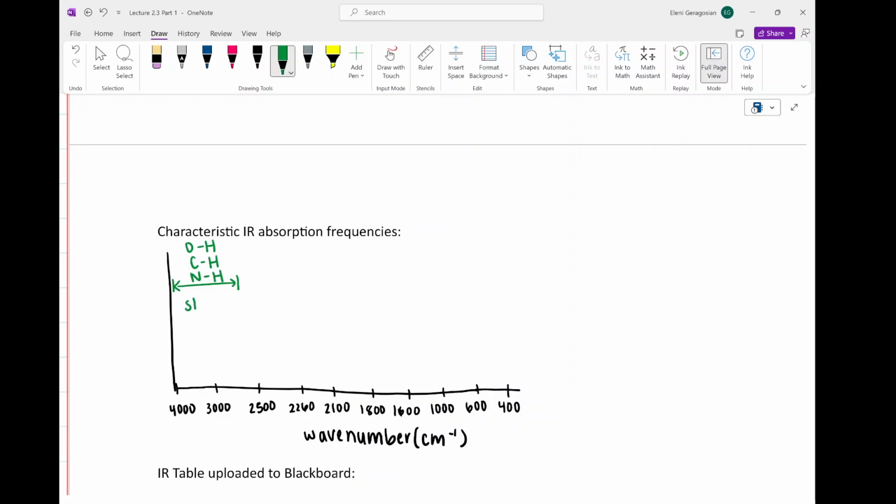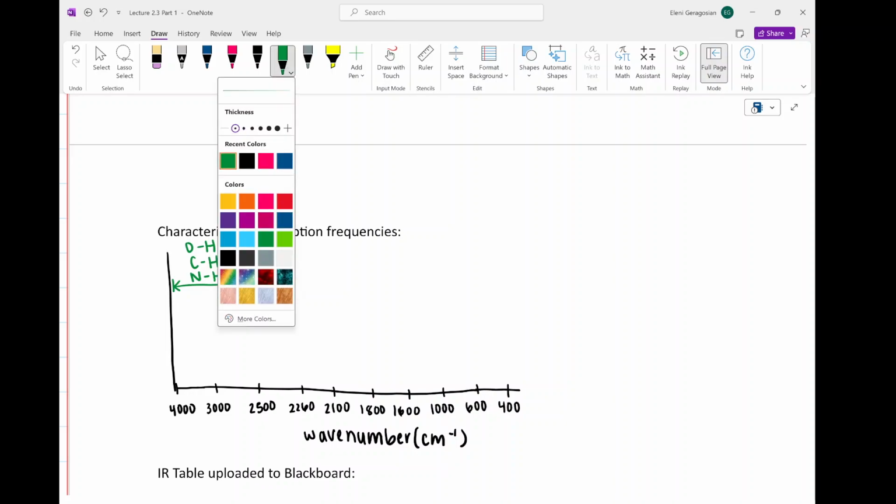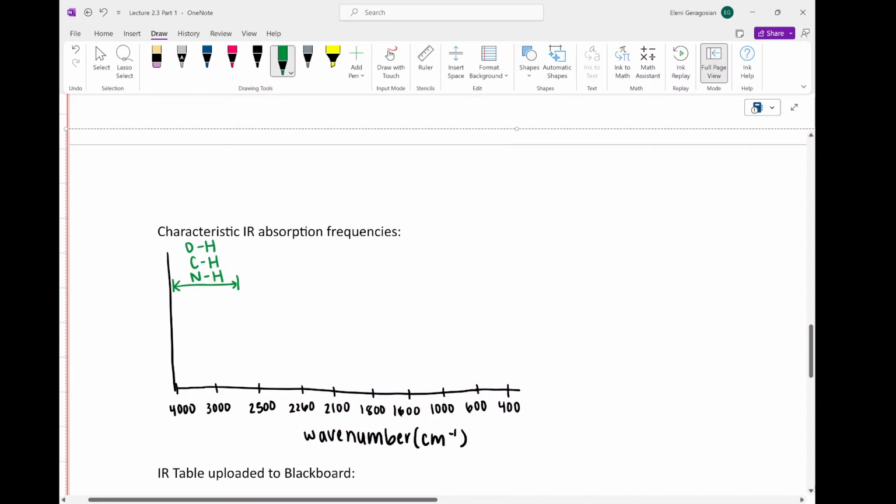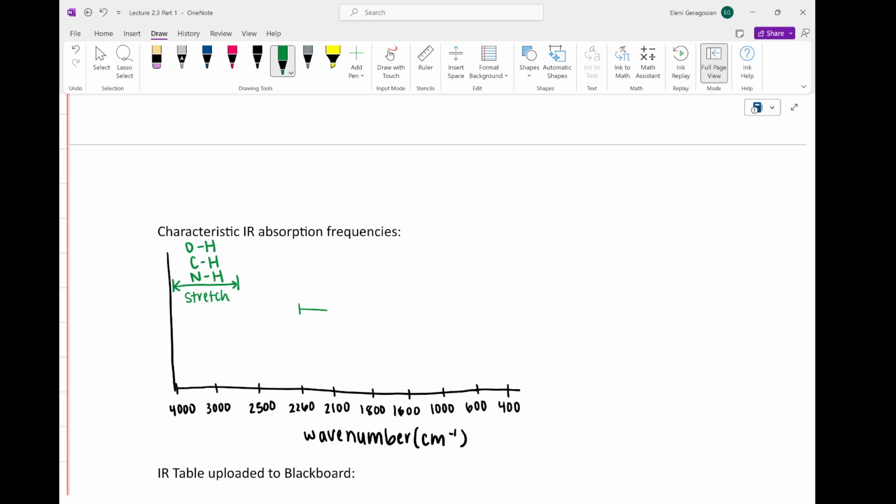And these are stretches. In the 2260 to 2100 area, our carbon to carbon triple bonds and carbon to nitrogen triple bonds are in that area.